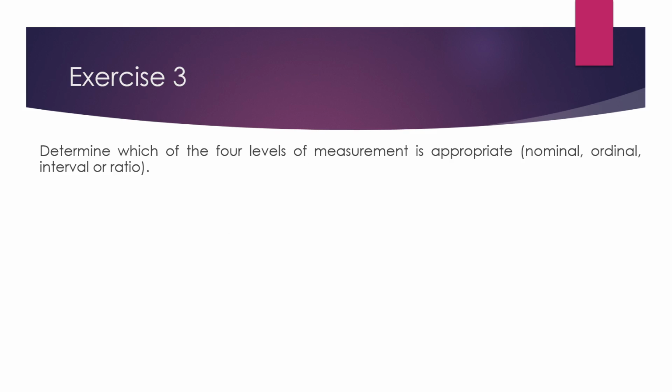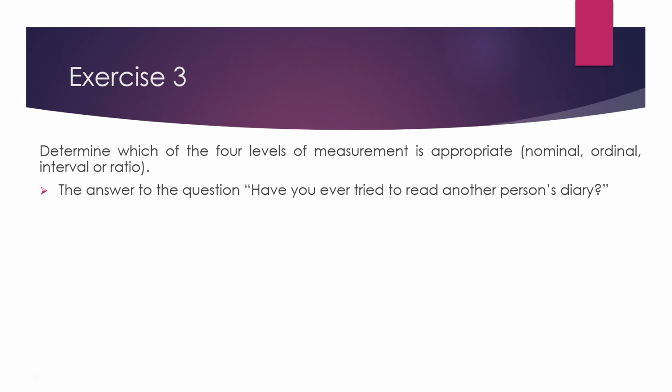Exercise 3. Determine which of the 4 levels of measurement is appropriate for the data: nominal, ordinal, interval, or ratio. So the first example, the answer to the question, have you ever tried to read another person's diary? The answers are going to be yes or no, or maybe they have forgotten, and they say, I don't know, I can't remember, but then we'll count them as a no. So yes or no themselves, if we stepped back from this example, don't have any order to them.